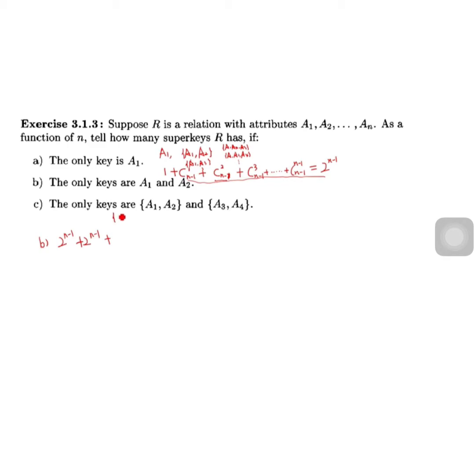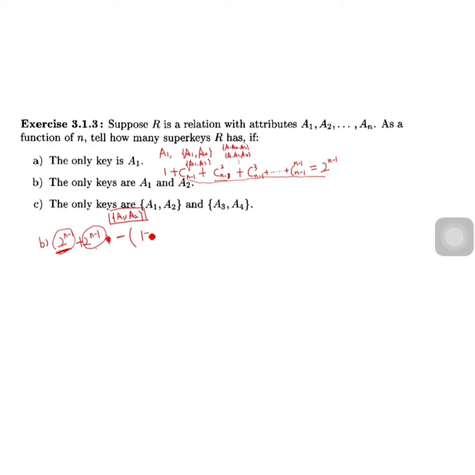Because there are some superkeys including both A1 and A2, these are included in both this part and this part, so we'll subtract the superkeys including A1 and A2.